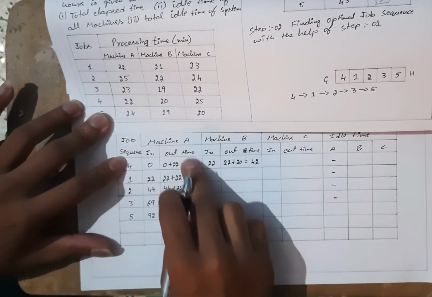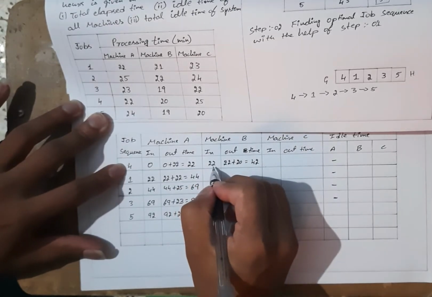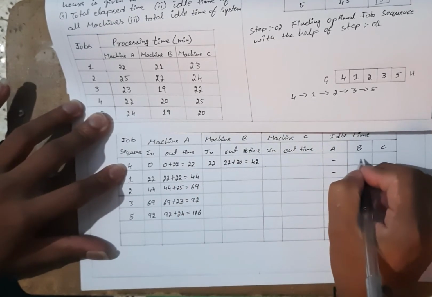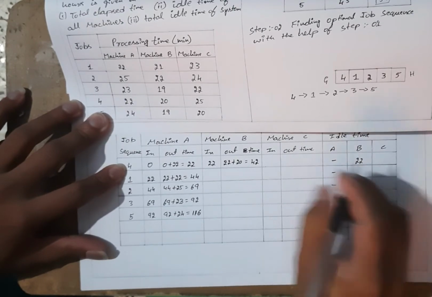After completion of machine A, machine B has waited for 22 minutes. Okay, that will be the idle time for machine B, 22 minutes.